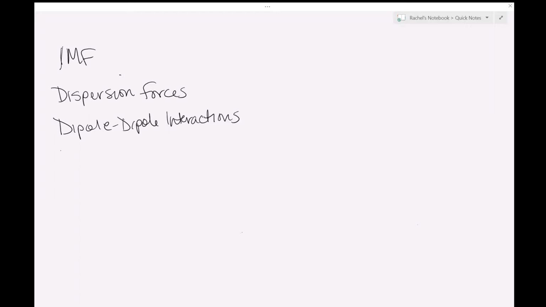We have 3 kinds, right? We have dispersion forces. We have dipole interactions. And we have hydrogen bonding.